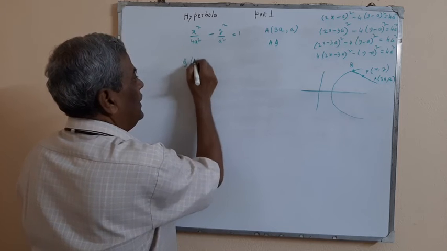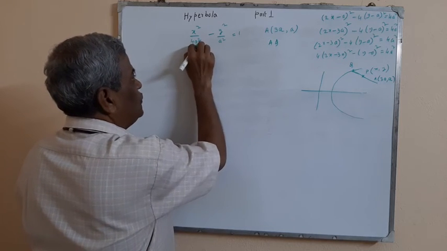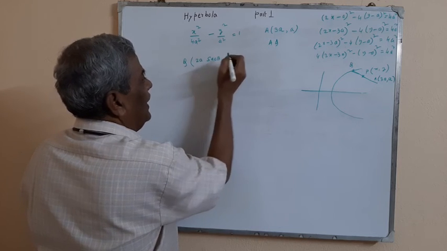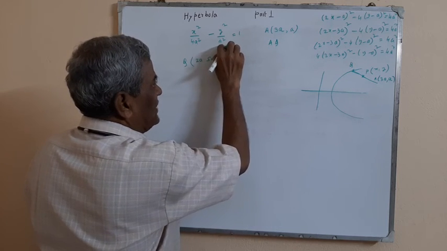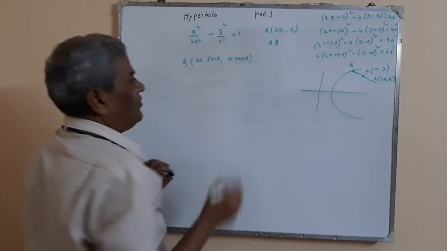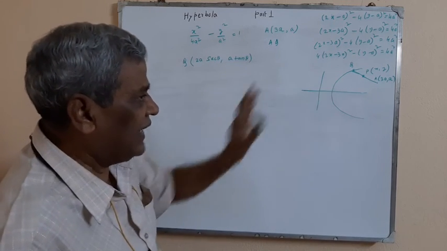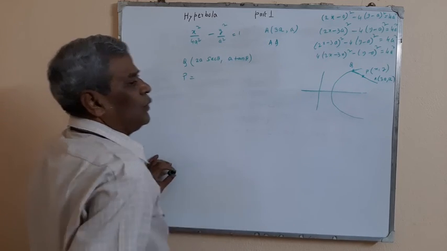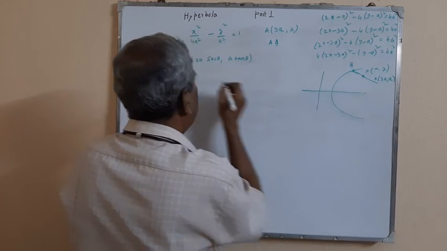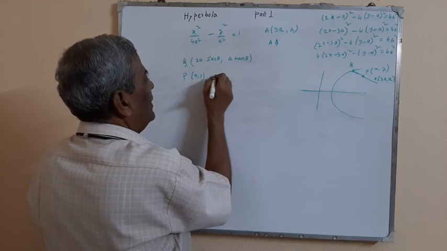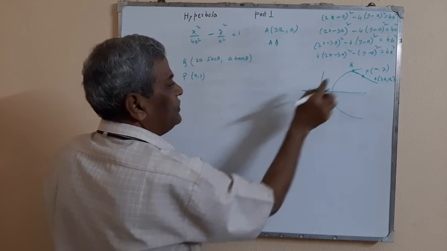Here it will be 2a whole square, so this one is 2a sec theta, and b is your a, a tan theta. Q is this, A is that. So coordinate of P, which is the midpoint, is your (x, y). This is midpoint of this and that.